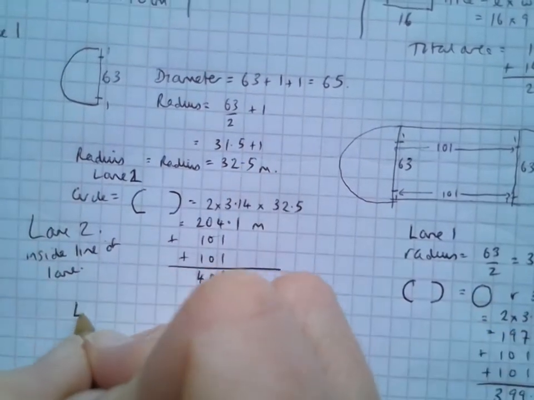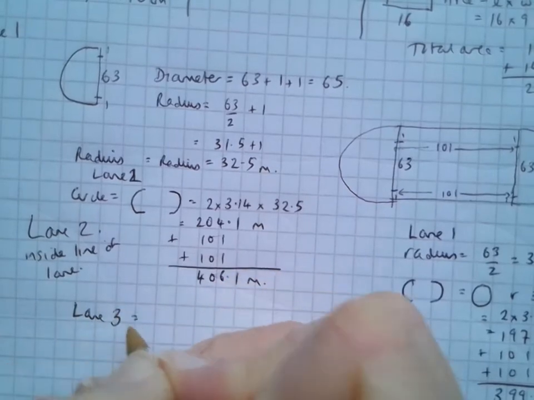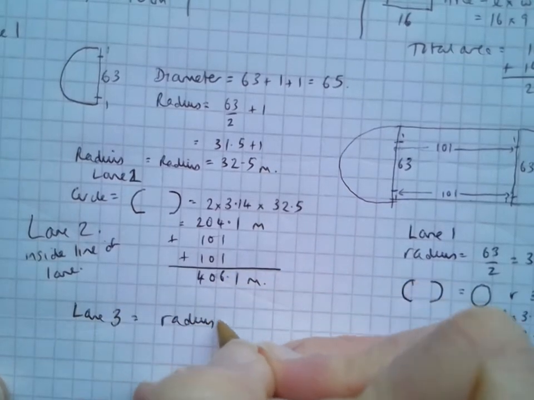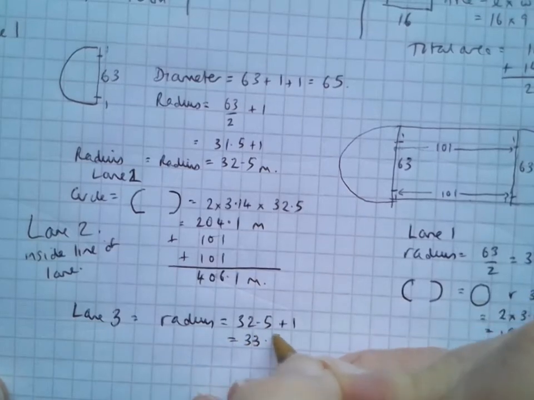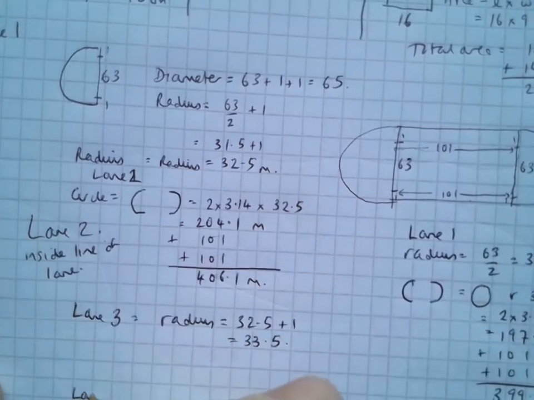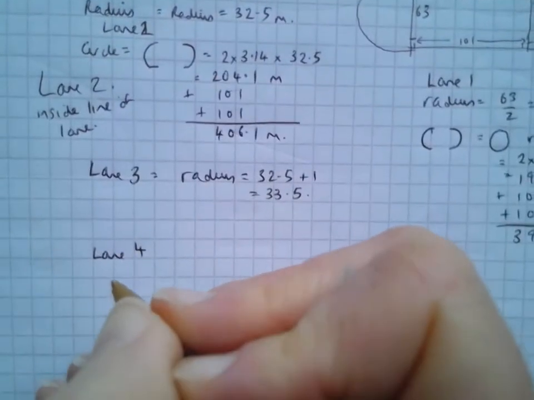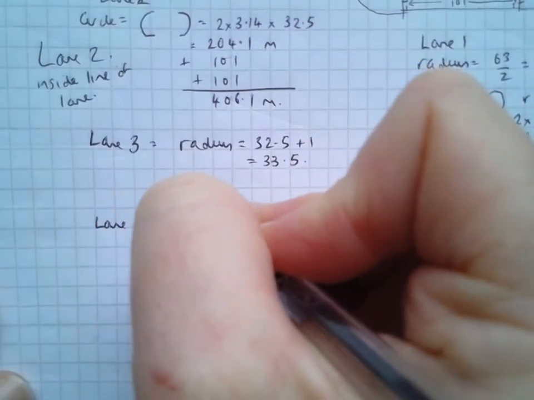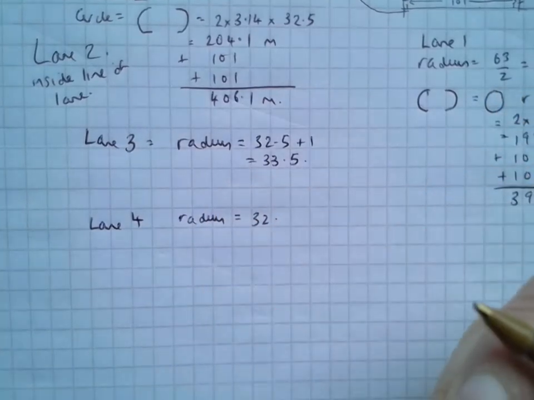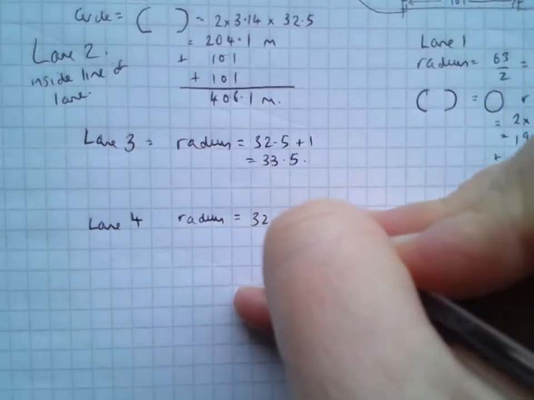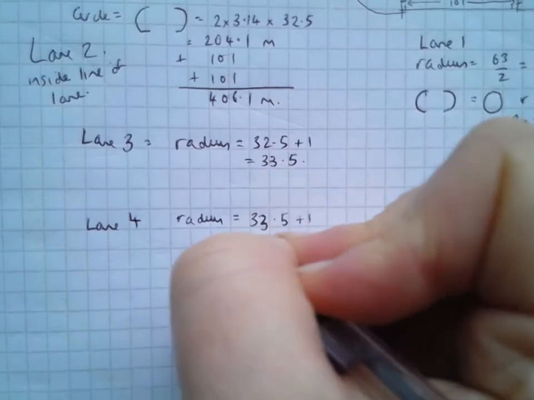Lane 3 is going to have a radius of 32.5 plus 1, which is 33.5. Lane 4 will have a radius of 33.5 plus 1, which is 34.5.